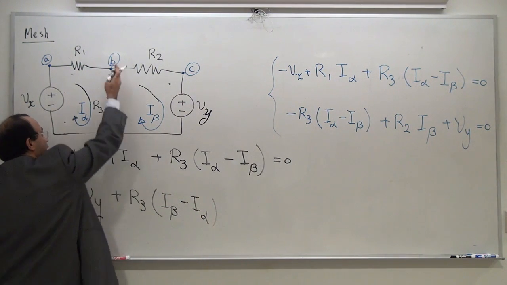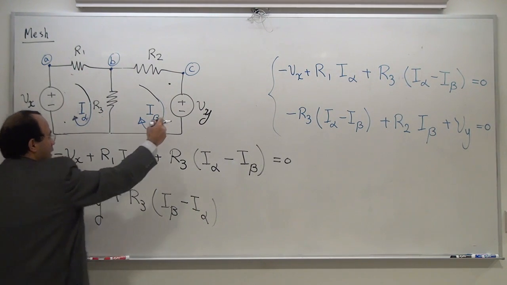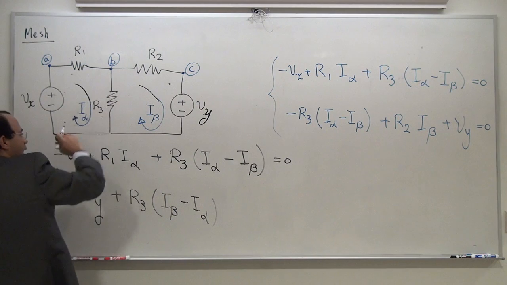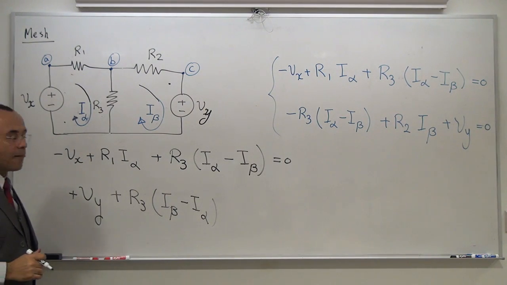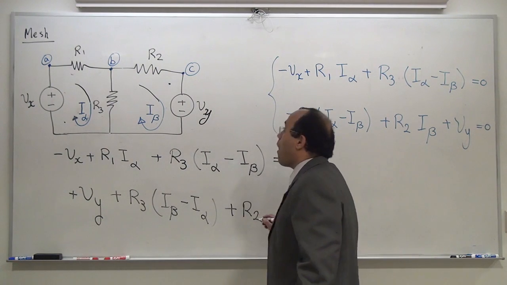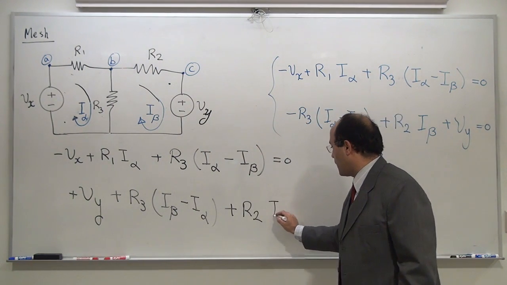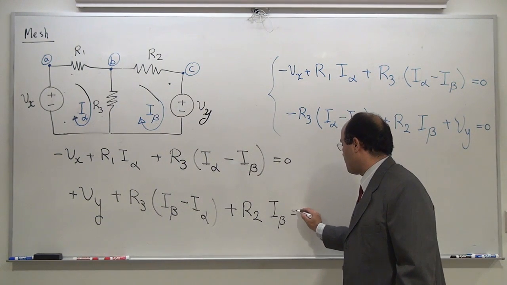I beta is taking the lead, I alpha is opposing it. I beta in one sense is the master, and I alpha is the slave. And then I get to R2, and all I see in R2 is I beta, equal to 0.